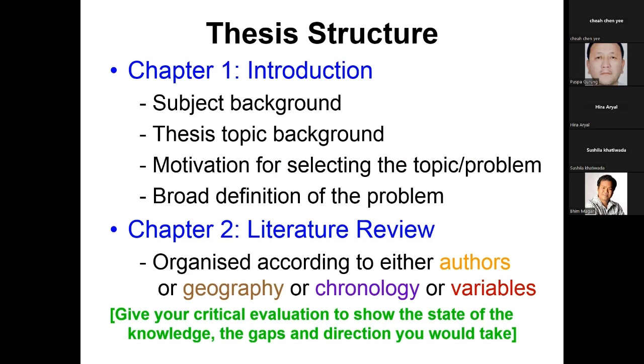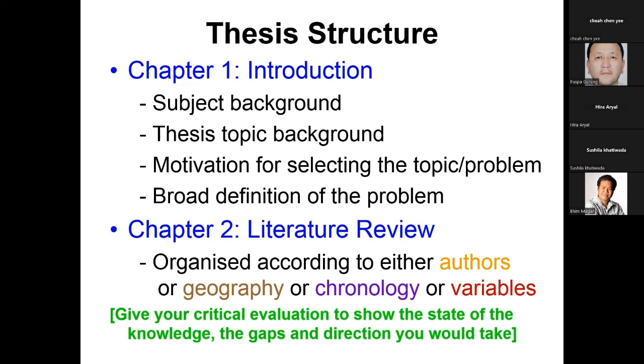In some universities, the literature review is given as a separate chapter. So it depends upon the guidelines of the research committee of the university concerned or the university departments.